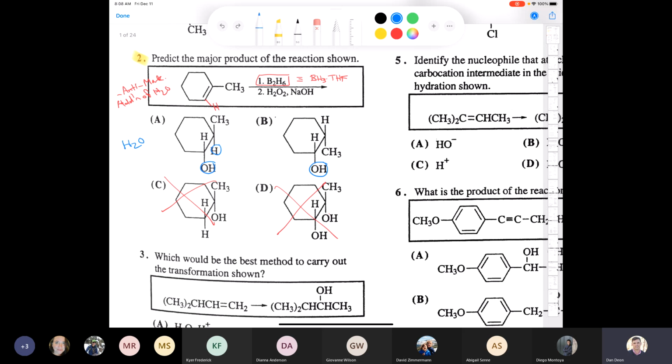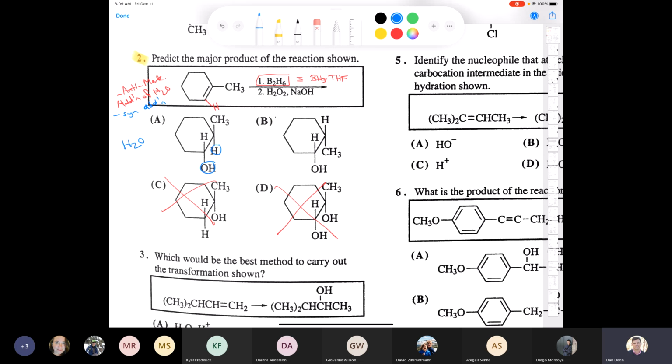Okay, well, something else that you need to remember about anti-Markovnikov addition of water is that it is a syn addition, S-Y-N addition. And what does that mean? That means that the hydroxyl and the proton are both added to the same face of the molecule.